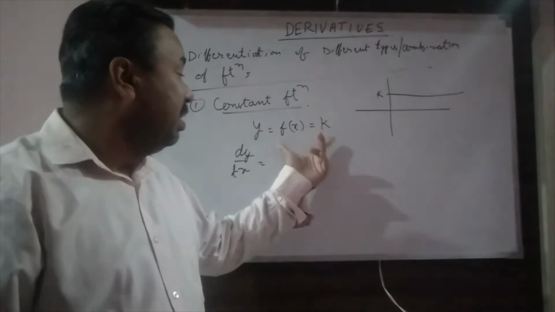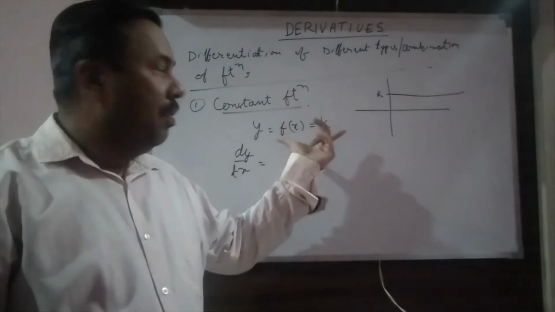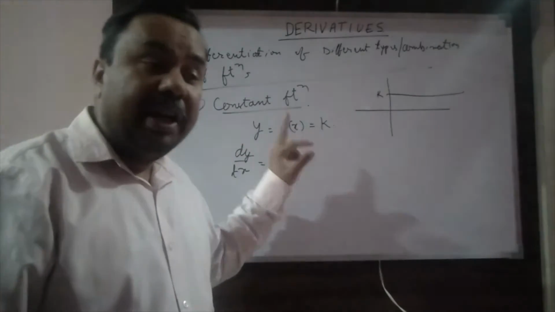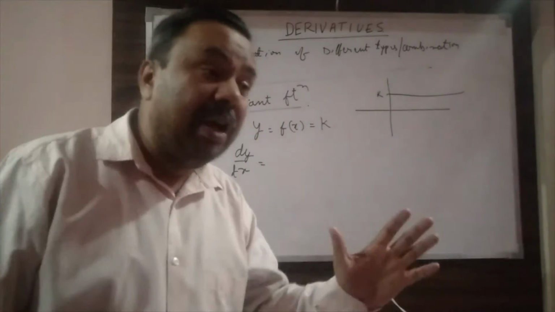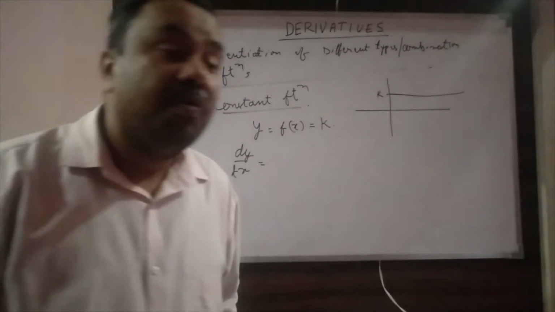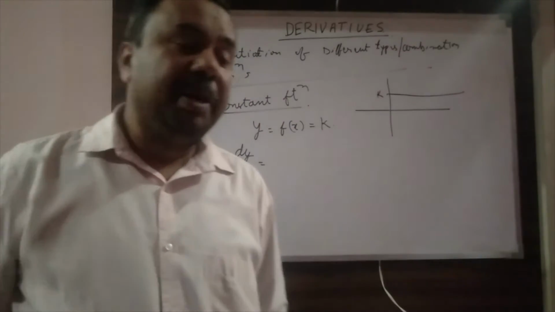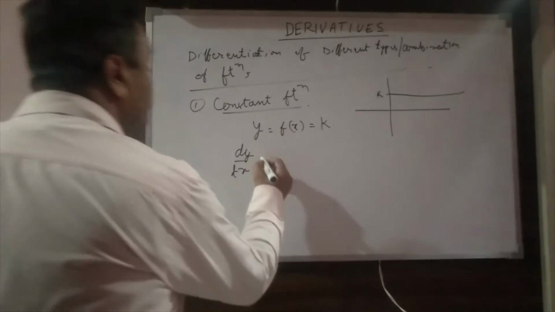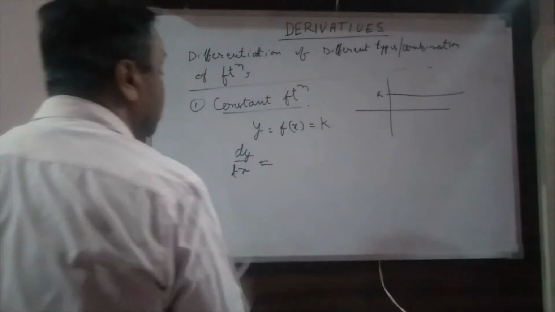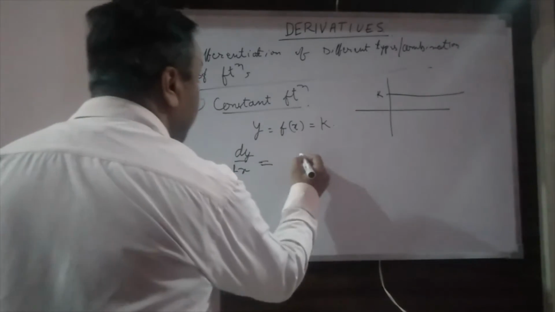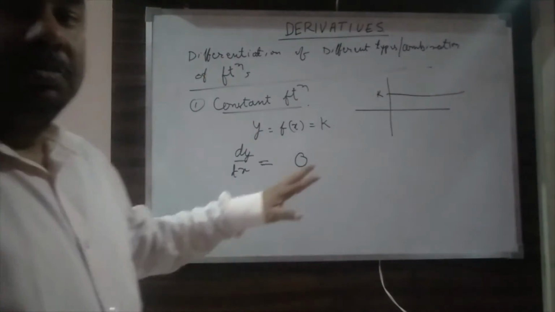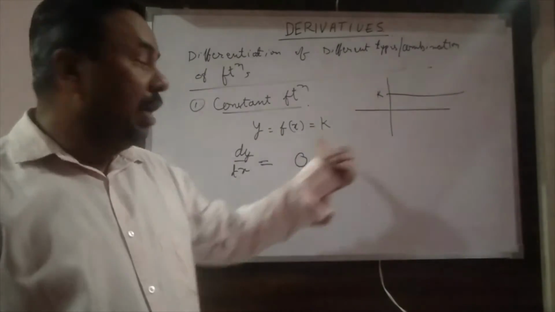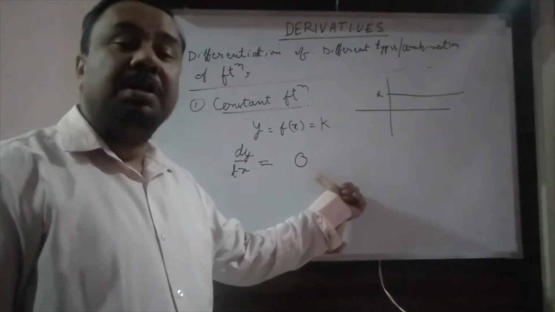But in this case, whatever the value of x, even if it changes to any value, there is no change in y. So the change in y will be 0. In all cases, wherever there is a constant function, the differential coefficient of that function will be 0.